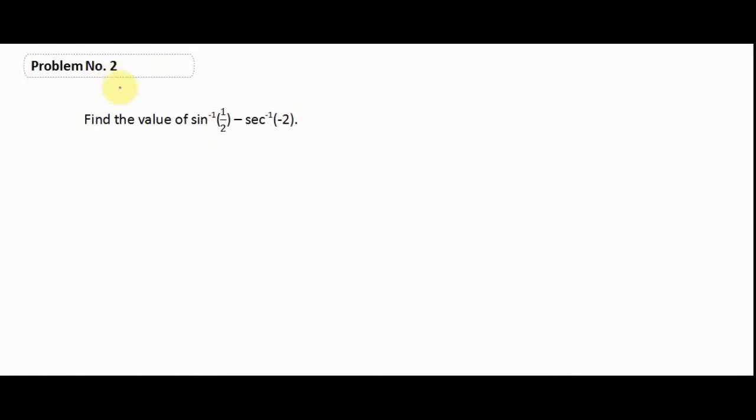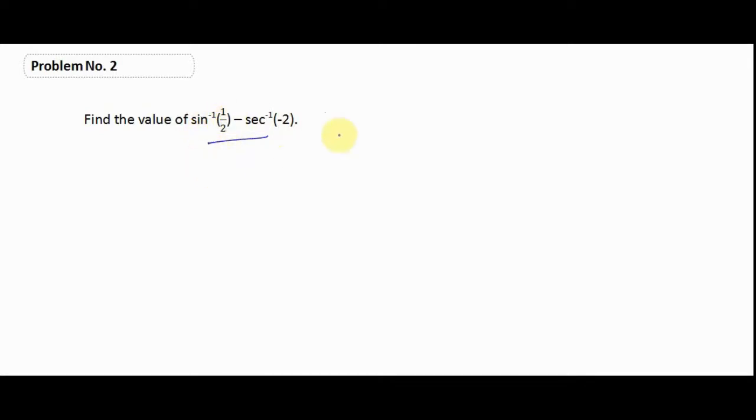Problem number 2. Find the value of sine inverse of 1 by 2 minus sec inverse of minus 2. So we are asked to calculate the value of sine inverse of 1 by 2 minus sec inverse of minus 2. Here we know the value of sine inverse of 1 by 2.